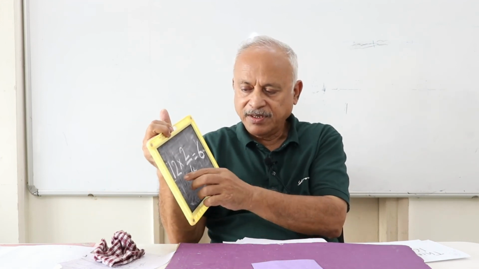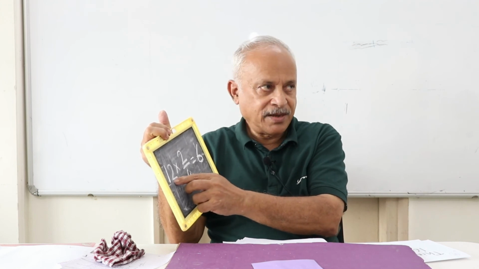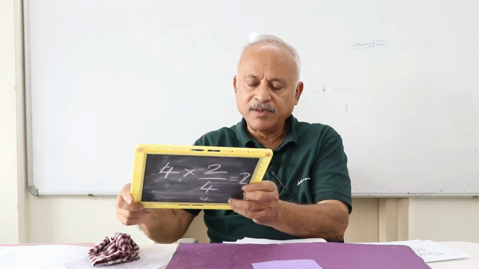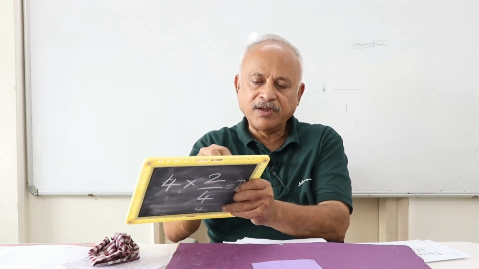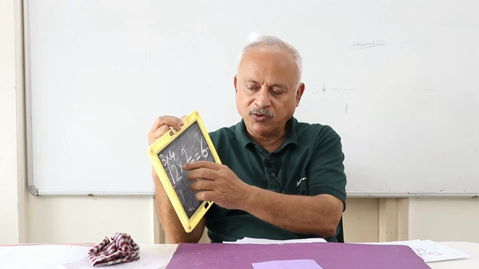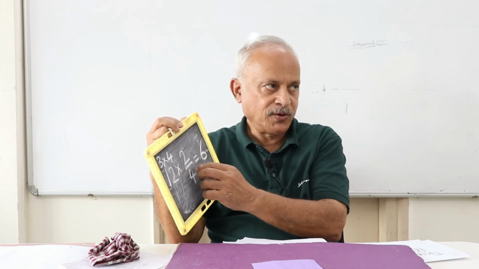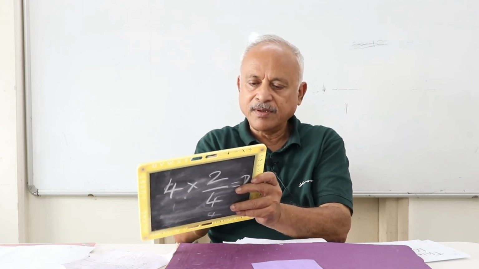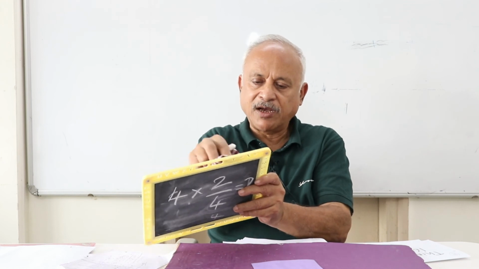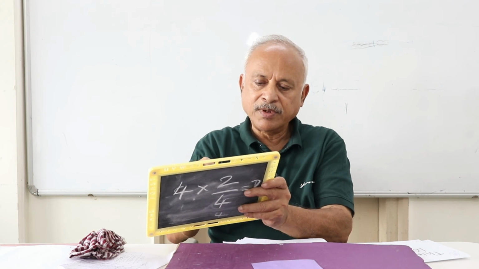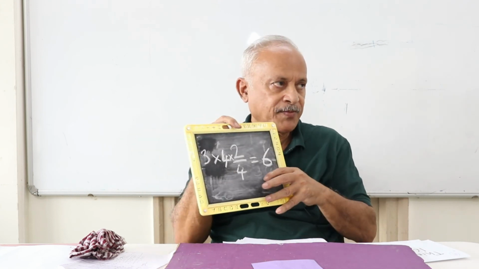Here I have to write 12 as 3 into 4. So I can write 12 into 2 by 4 as 3 into 4 into 2 by 4.